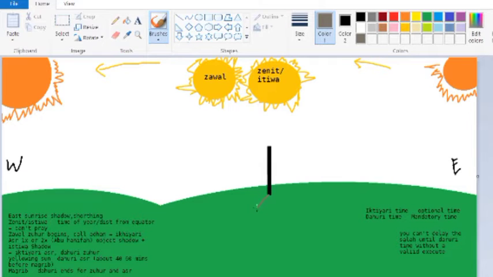At first, the shadow may be like this. So we put a rock here, and then after a minute or 2 minutes, we wait, and the shadow moves a little bit around here. It's just a little bit, but it has already moved. We know that is the Istiwa time, and the shadow has the same length also.